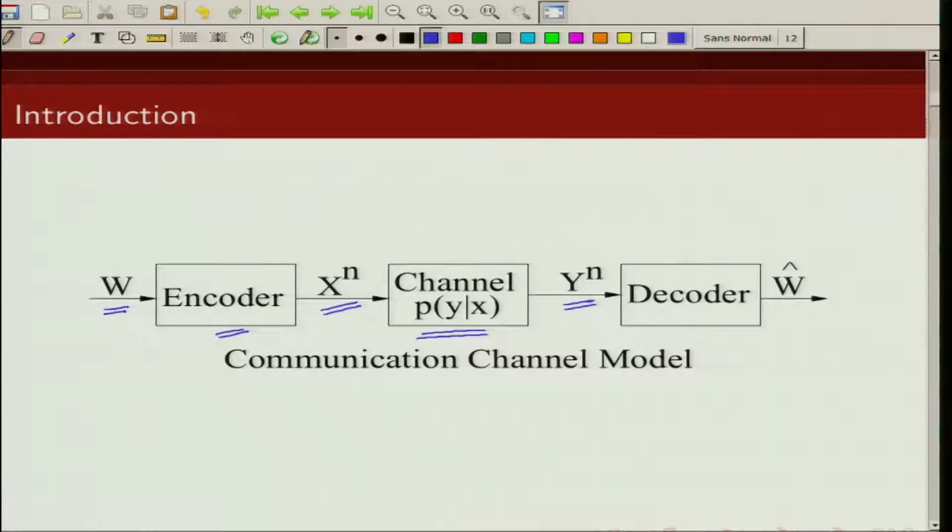Y^n are the received noisy code words, and the job of the decoder is to estimate what message was transmitted, given the received sequence Y^n. Now, an error happens if W is not the same as W hat, otherwise there is no error. So, this is the communication channel model that we are considering.